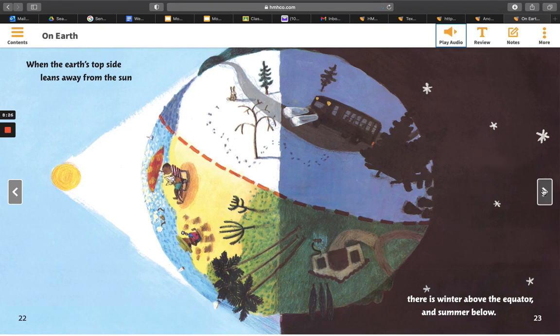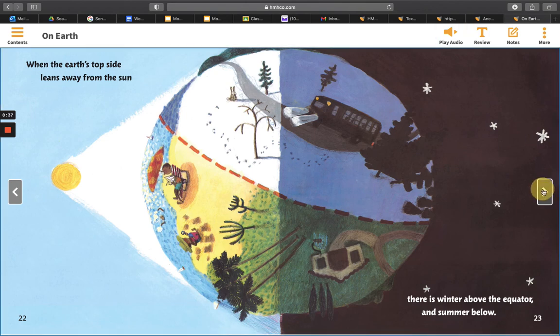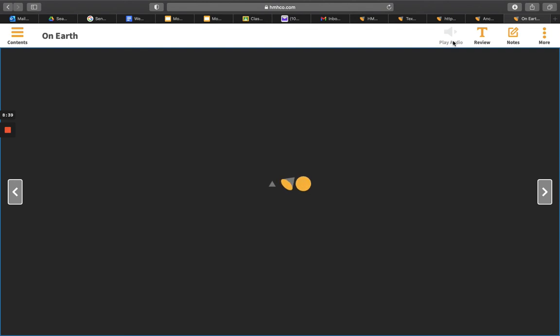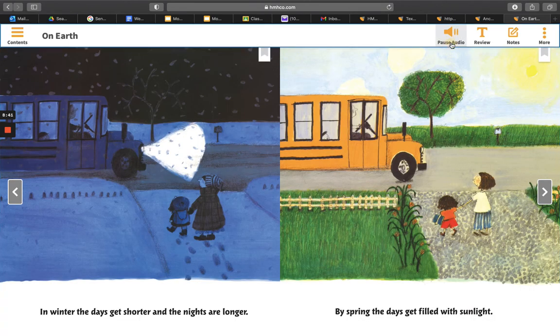So did you know that? Did you know that when it is summer here, that it is winter somewhere else? In winter, the days get shorter and the nights are longer. By spring, the days get filled with sunlight.